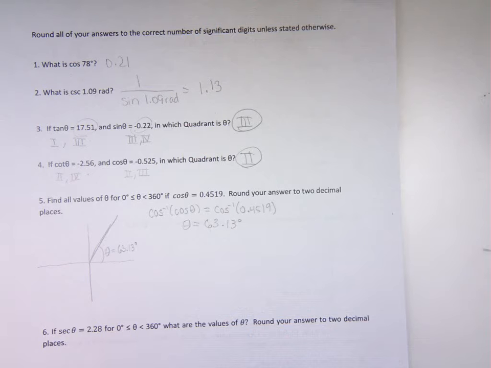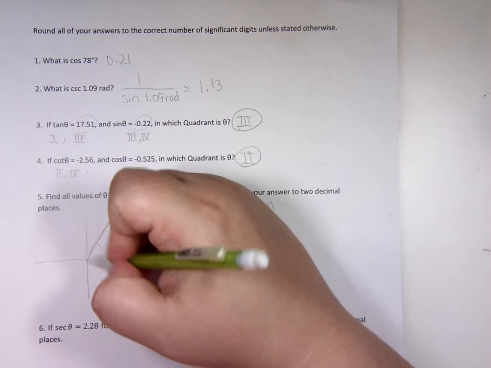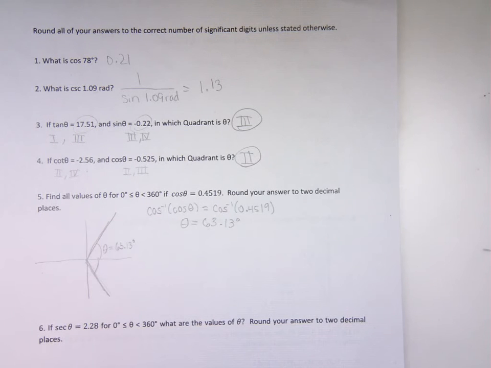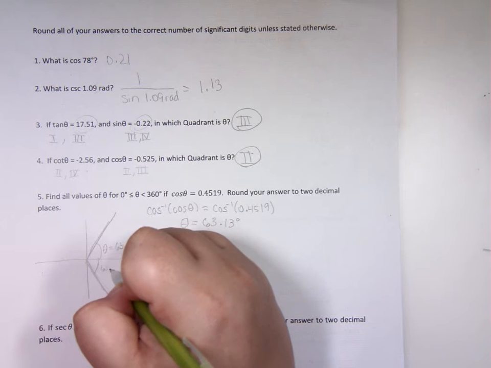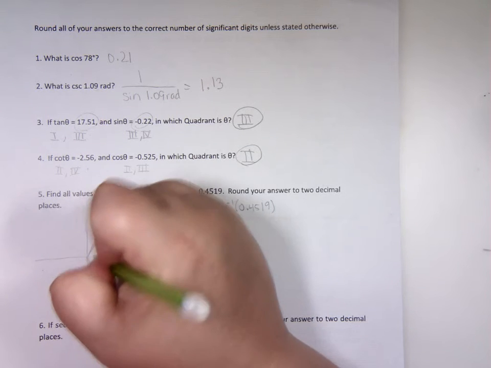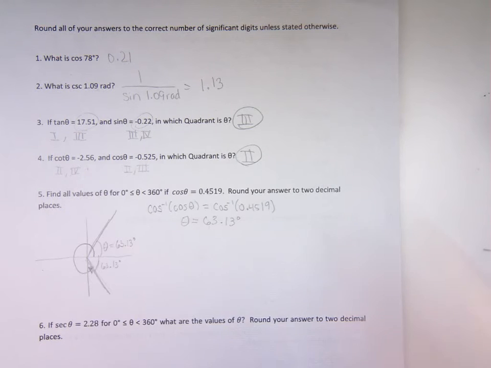We're going to draw the mirror image of that angle in quadrant 4, because again, that's the other place where cosine is a positive value. So we draw the mirror image here. There's our theta again. So this is 63.13 degrees. But really the angle that we measure is this one here.